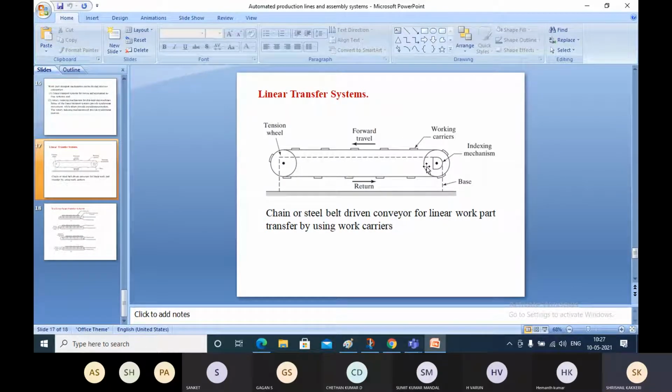The DC indexing motor will be fixed here, and its rotary motion will be converted to linear. For example, say I want to move the work linearly for a distance of 1 meter.